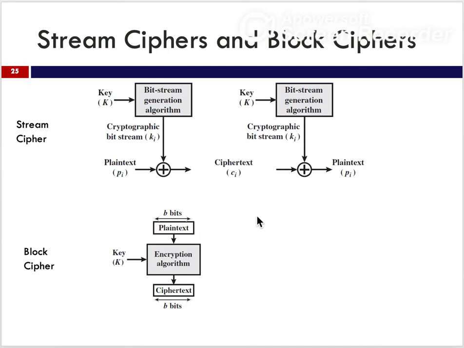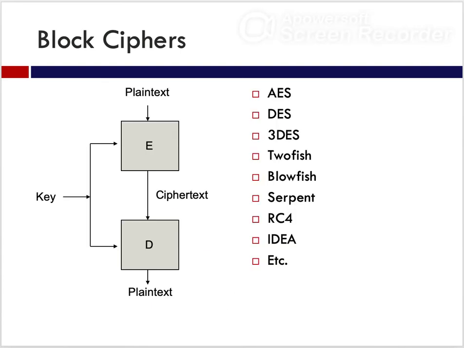Now for the next block of plain text, we will use the same key with the same encryption algorithm, and we get the next ciphertext block, and so on. Some of the commonly used modern day block ciphers are AES, DES, 3-DES or triple-DES, Twofish, Blowfish, and IDEA. These are the names of some of the modern day block ciphers.